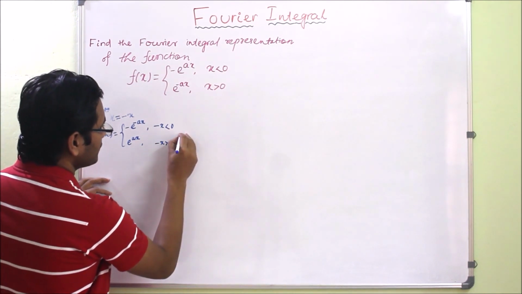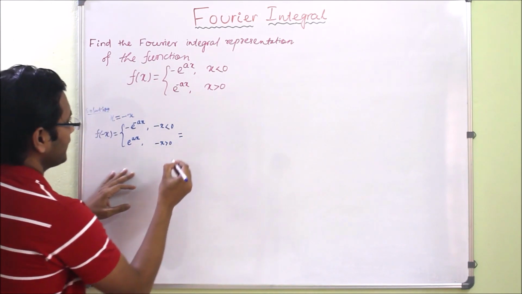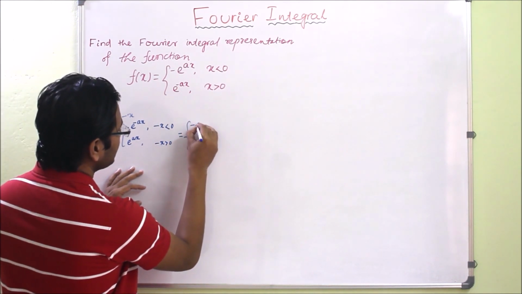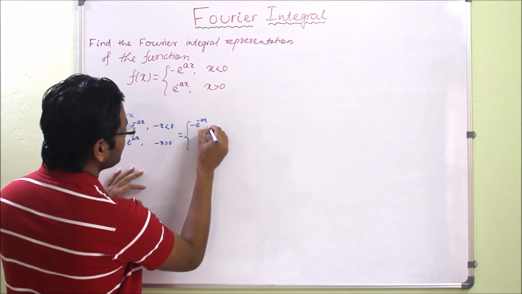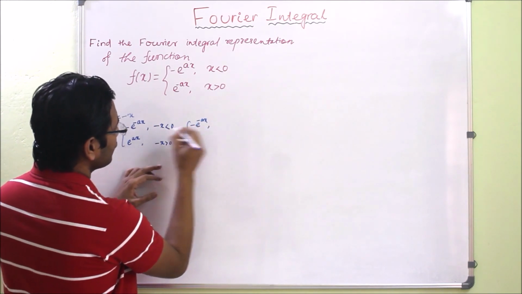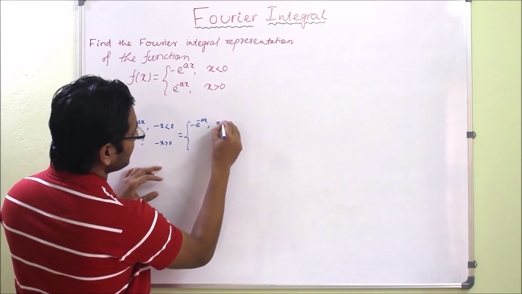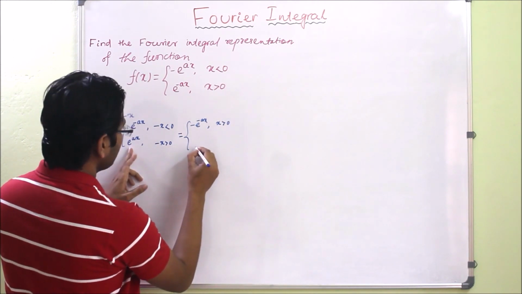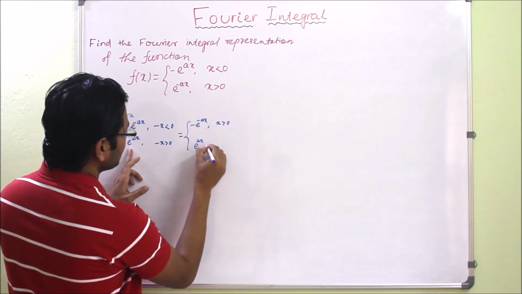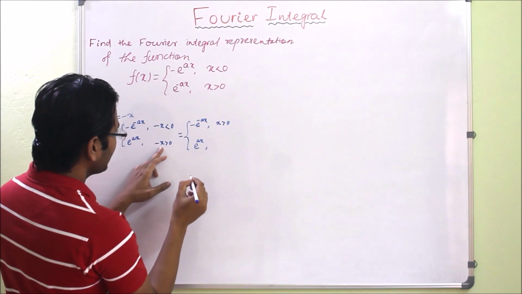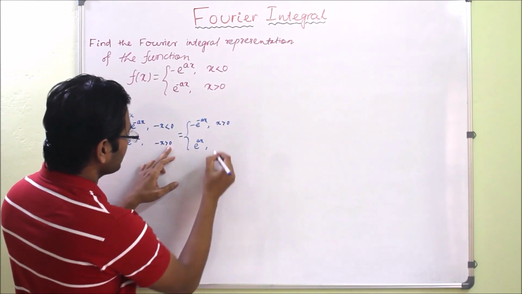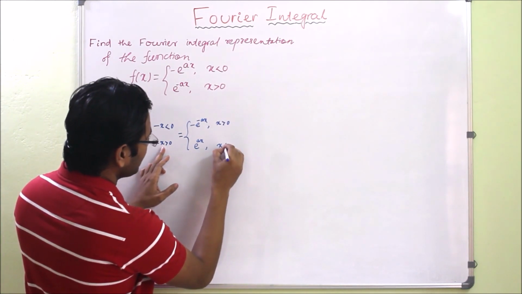Again we can write this as minus e to the power minus ax when minus x less than 0, which means x greater than 0, and e to the power ax when minus x greater than 0, that means x less than 0.